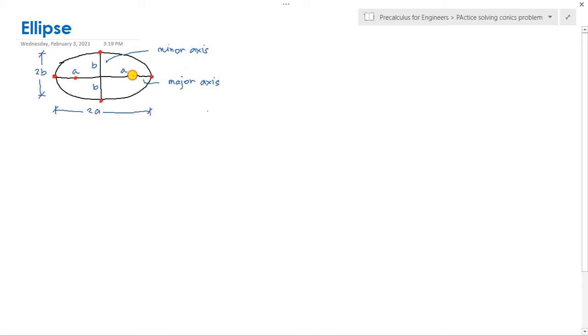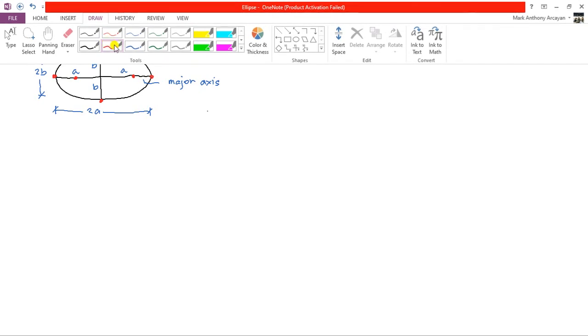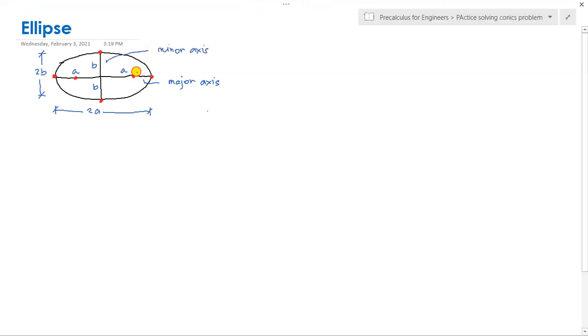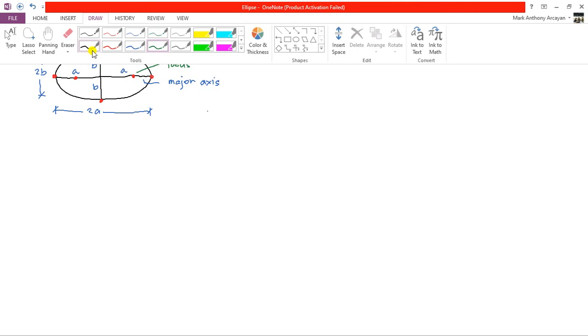So these are the foci. So focus or foci. Okay, focus. And then ang ellipse, its basic definition is the locus of points or collection of points such that the sum of the distance from the two foci is equal to 2a.